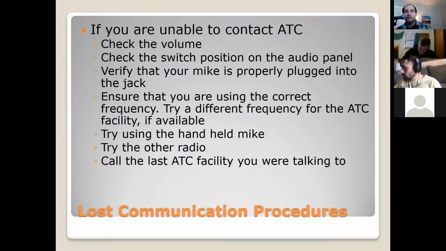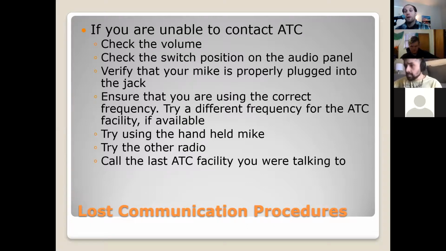The next troubleshooting bullet point for us is pretty common. Ensure that you're using the correct frequency. You might even try a different frequency for that same ATC facility. So remember when we studied the airport facilities directory, the green book, the chart supplement, it's very common that you can find secondary frequencies.